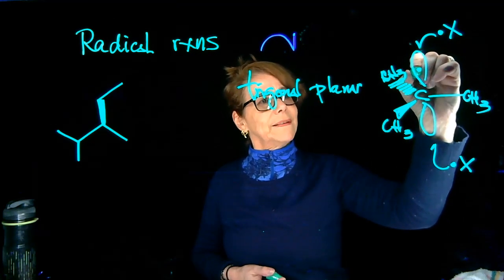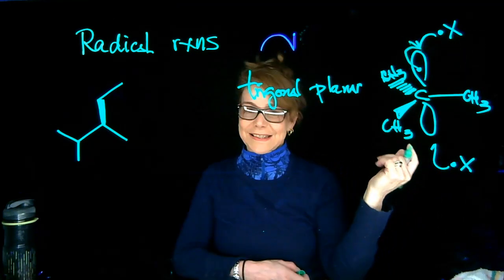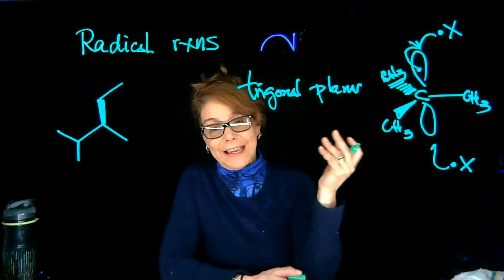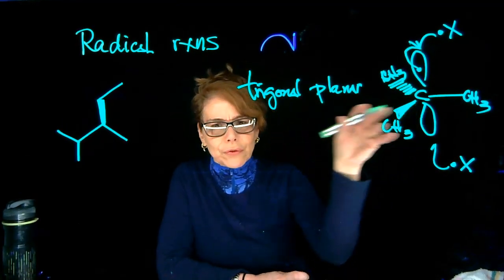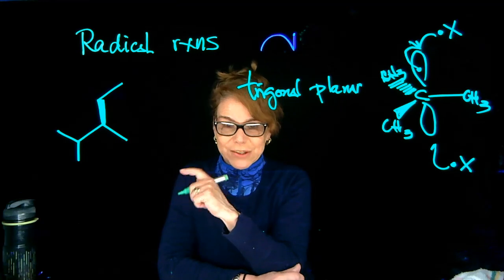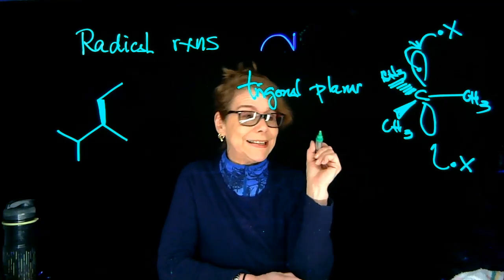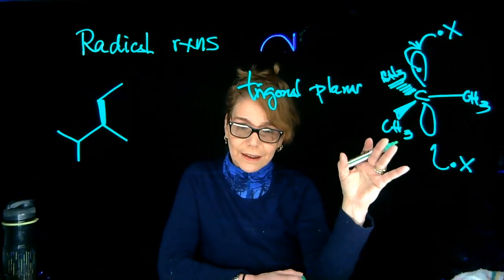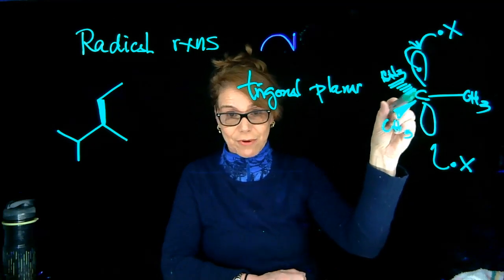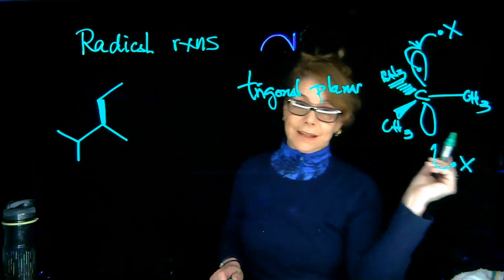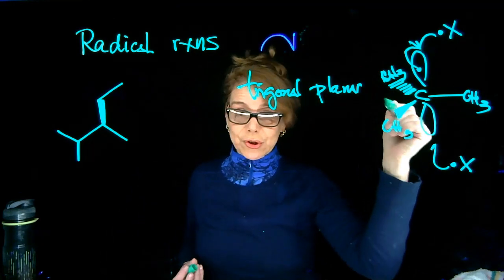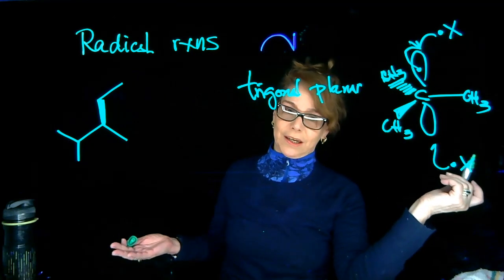So if it did this, then we will have one product if the three constituents were different. So that's the case when we are creating chiral centers. This is not the case here because in this radical we have 3 methyls, it's a tertiary, but it's 3 methyls. So we're not making a chiral center.